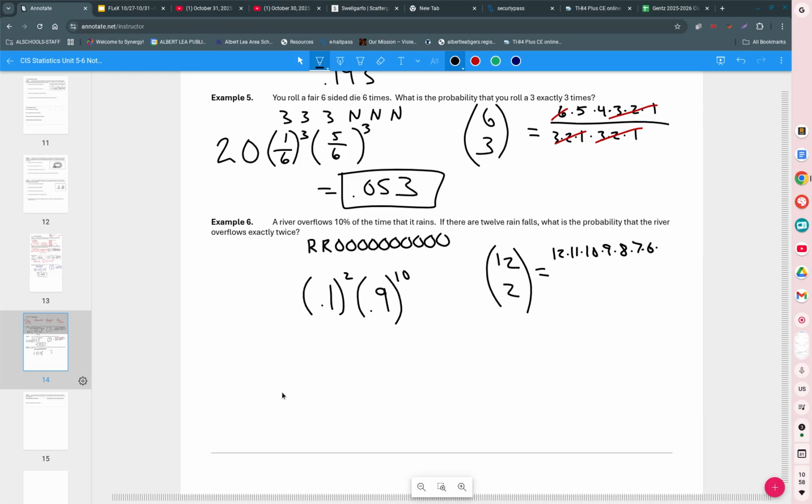Then the rest of that, 39%. And then you put an exponent of 10, 12. And then you do this whole thing, and whatever you get, you plug it in. Is it 66?